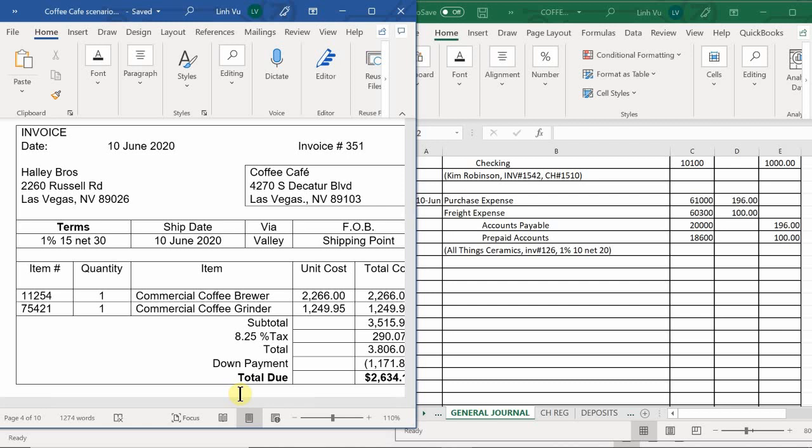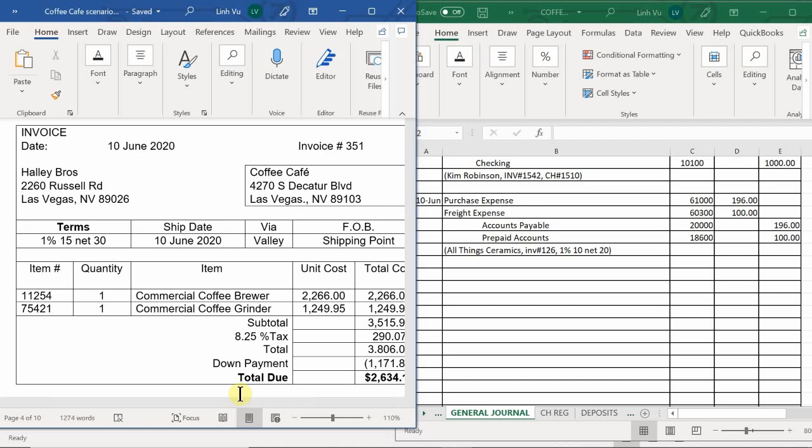We have terms. And we have to record that we received the bill. Yes, we do have to record that we received a bill or invoice.